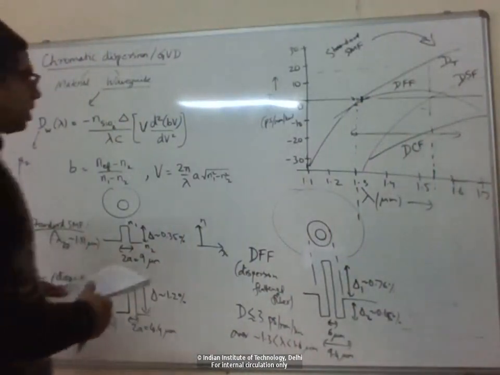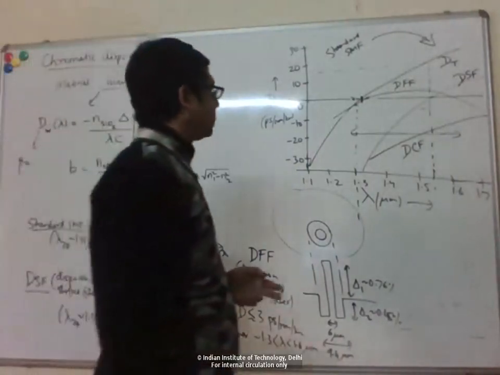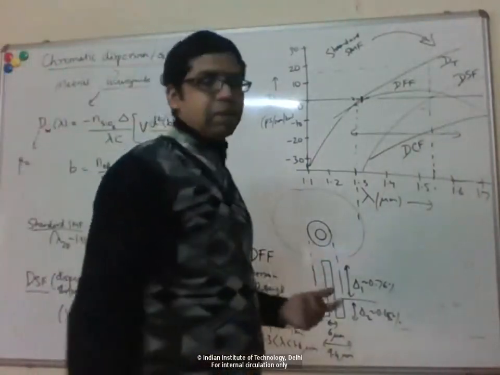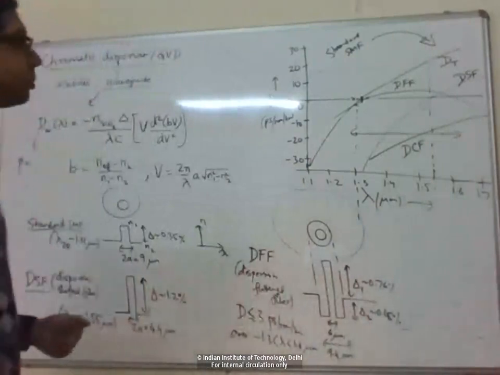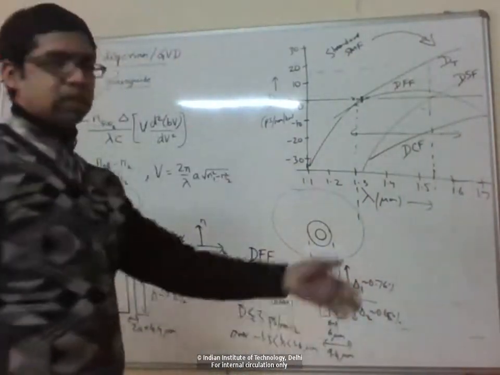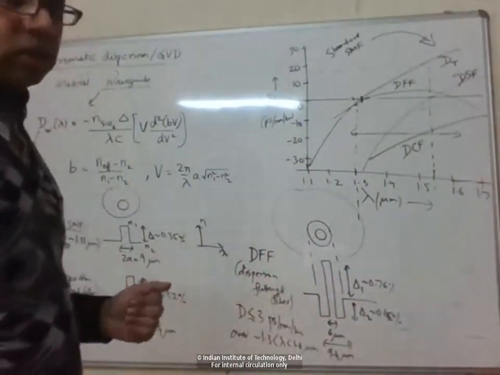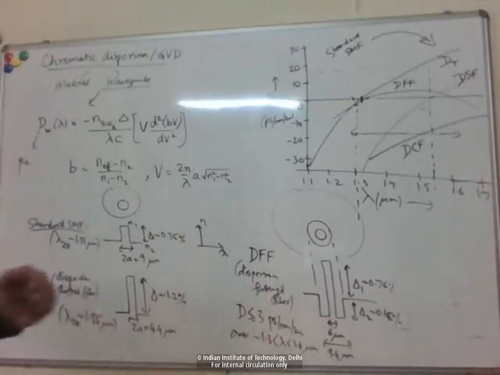Okay, so that's one way to compensate for dispersion: laying down different fibers with different dispersion profiles, such that when you add all these different fibers up over the link, the total dispersion comes out to be 0, weighted with the length.